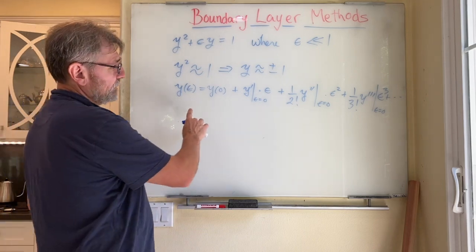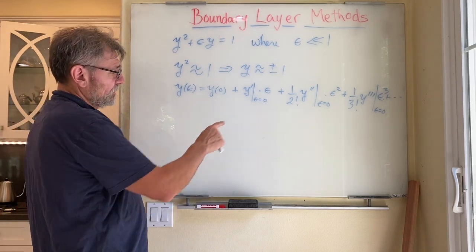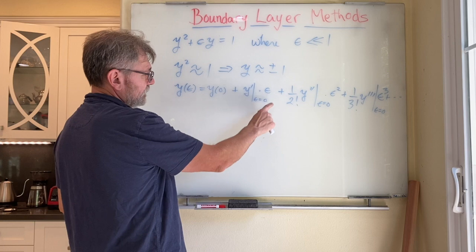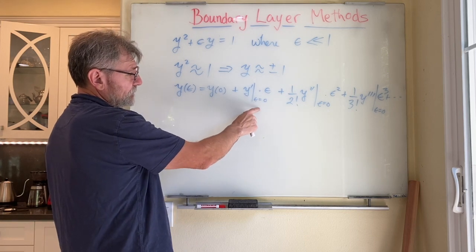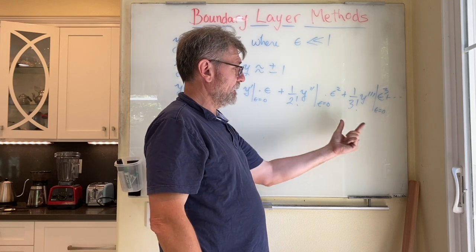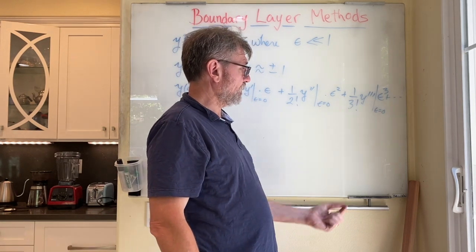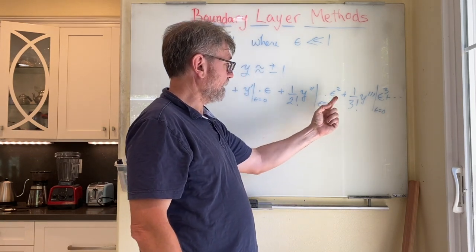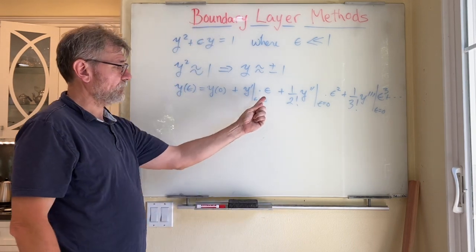However, if we look at the form of the Taylor series, we realize that these coefficients here, the y prime evaluated at epsilon equals 0, that's just going to be some constant, right? And same thing, this will be some constant multiplied by epsilon squared, constant multiplied by epsilon cubed, and so on.